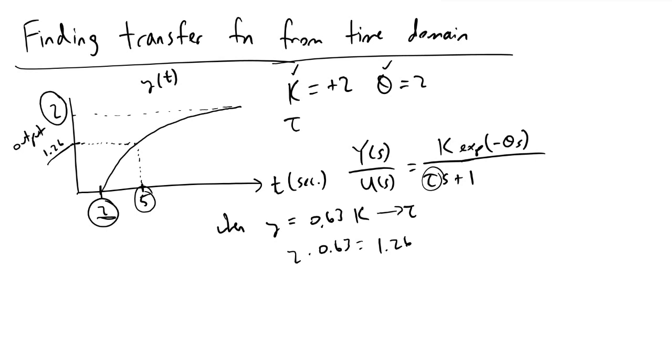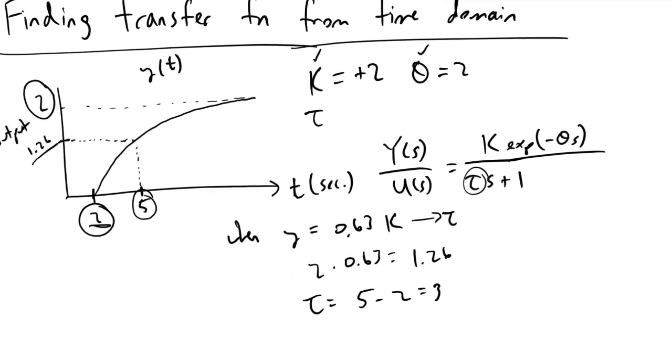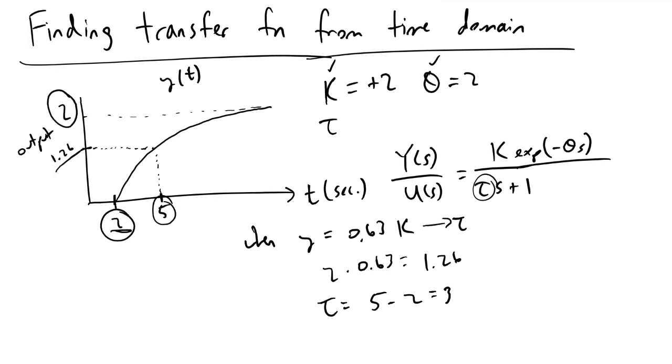And therefore, our tau does not equal 5, but our tau is actually equal to 5 minus 2, because our function here is starting at 2 seconds. And so tau is equal to 3. And so now we have gotten a step closer towards defining our overall transfer function.